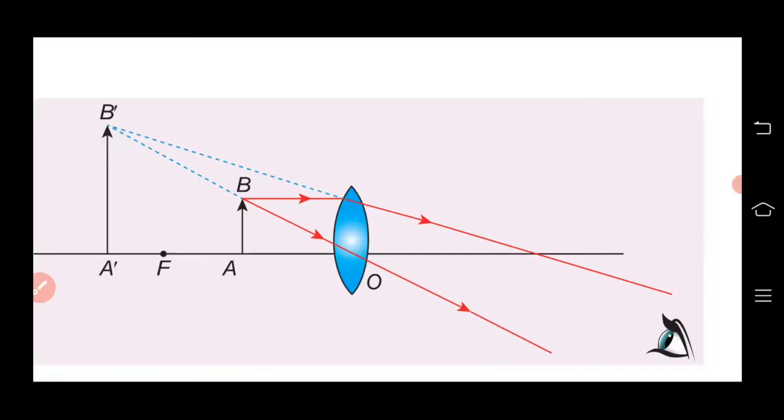The image formed is on the same side. Here B dash and A dash are the image, formed on the same side of the convex lens. The object distance is equal to the least distance of distinct vision, which is 25 centimeter for a normal human eye.